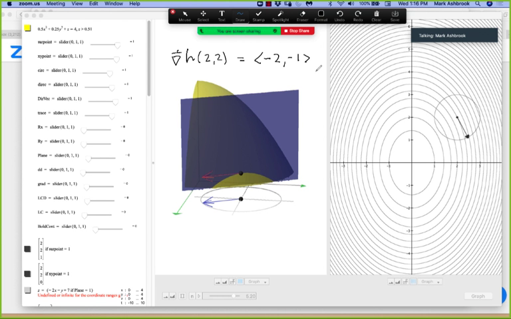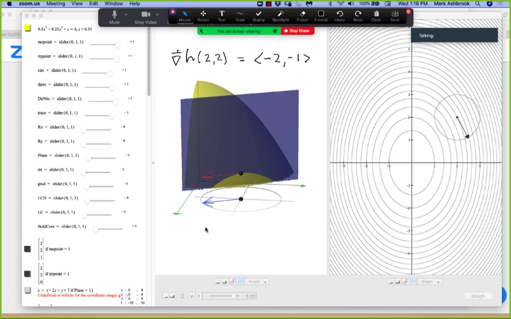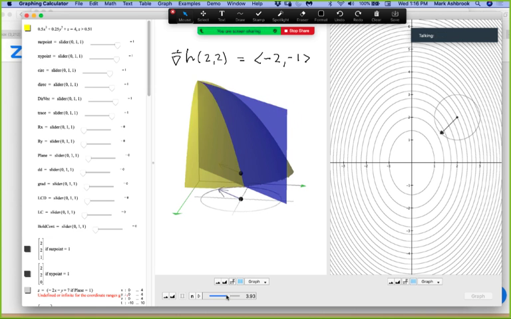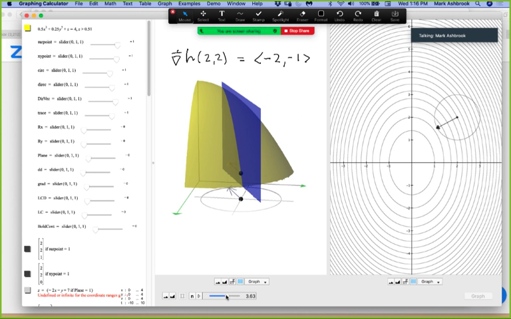And what did we say we thought the direction of max rate of change was somewhere in which quadrant? The third. Is that pointing in the direction of the third quadrant? Yes. Yeah.